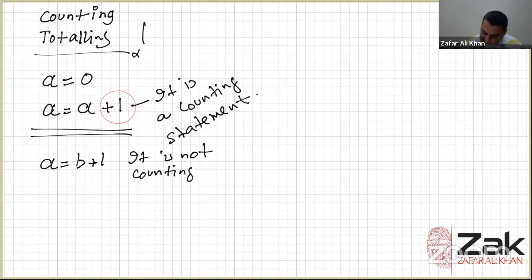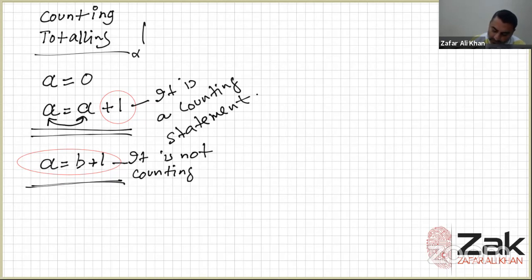For counting, we have to have the same variable on both the left side and the right side. It is not counting because these two variables are different. It is simply a sum operation, but it is not counting.